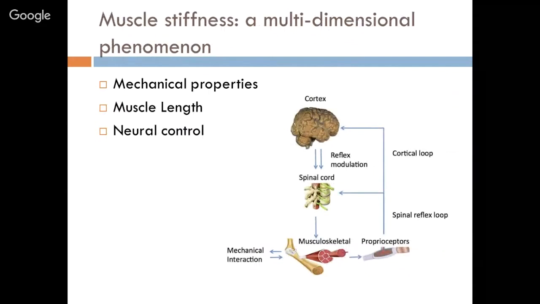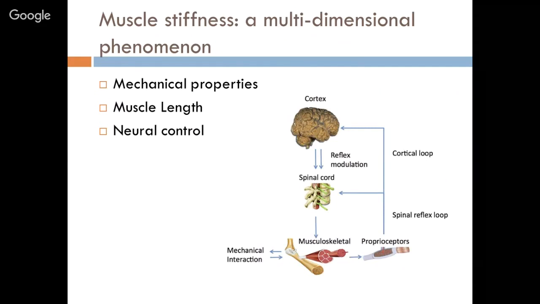So to end this part of the presentation, I want to re-emphasize that muscle stiffness, clinically, what we observe when we do a passive movement, or when patients are doing this movement themselves, is not just an indicator of muscle length, which I think we often clinically assume, that stiffness is equal to shorter length.